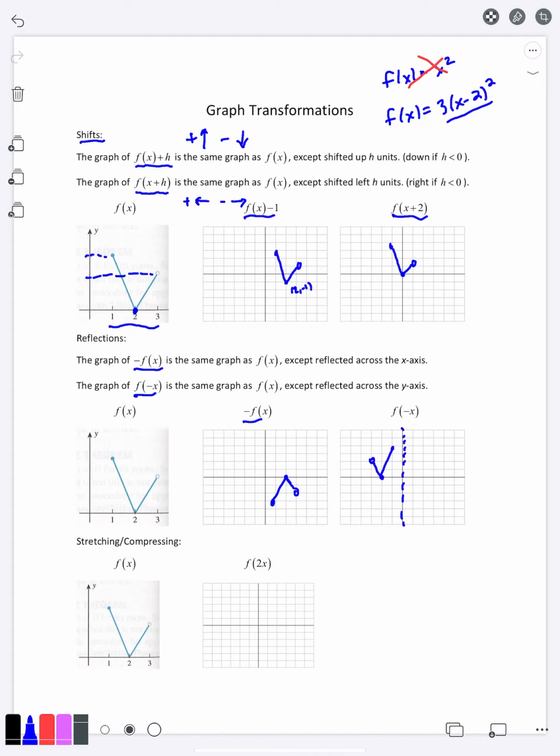The last one is called stretching or compressing. I will give you my personal opinion that that is not super important, because the idea is it stretches out left and right or up and down. The problem is if you look at your typical axes here, no one says that that has to be a 1. That could be a 2 or a 4, depending on what you want to count by.